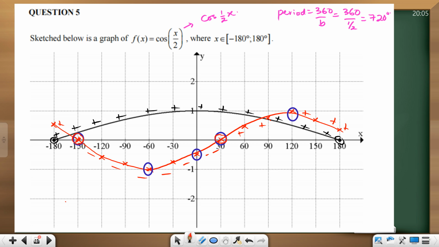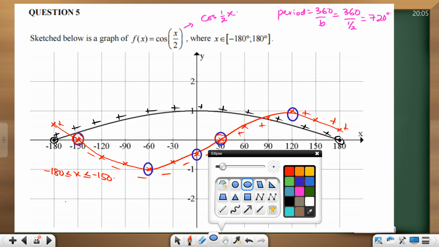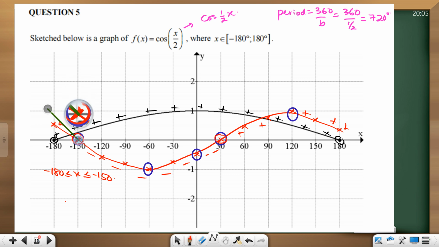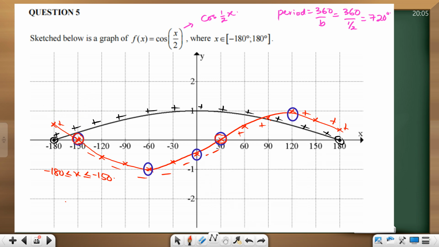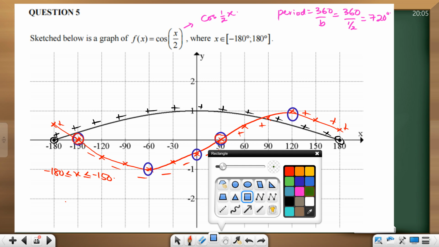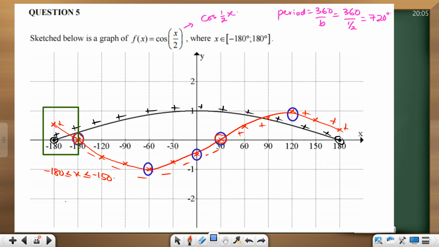Do we have the first answer? Between negative 180 and negative 150. Do we agree? Talk to me. Do we agree? Okay. I don't need that one for today. Finishing now. Do we agree there?